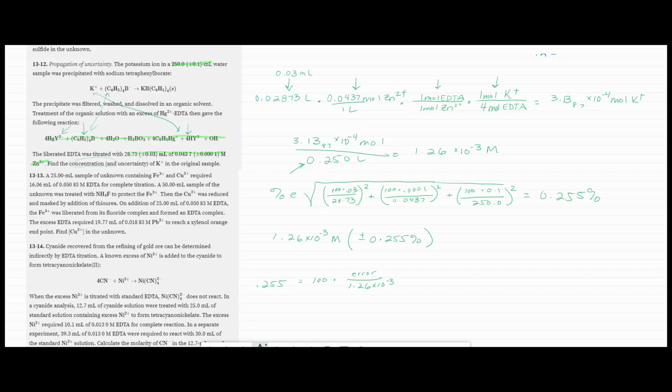And what I get then is that that error is equal to 3.213 times 10 to the negative 6. We round this to one significant digit. So we could say 1.26 times 10 to the negative 3 plus or minus 0.000003 molar.